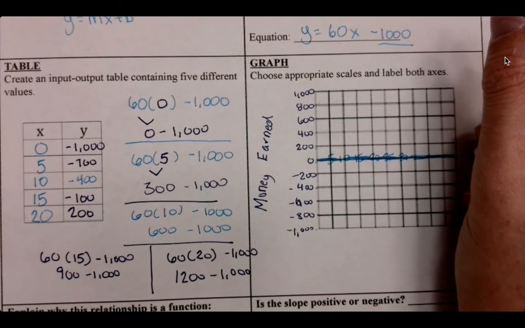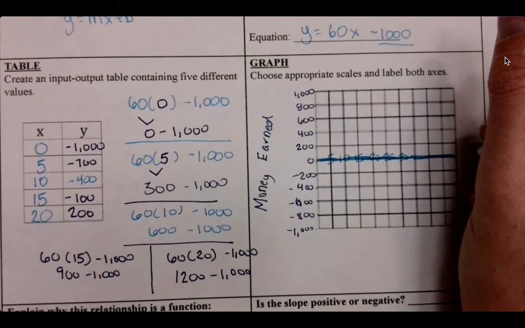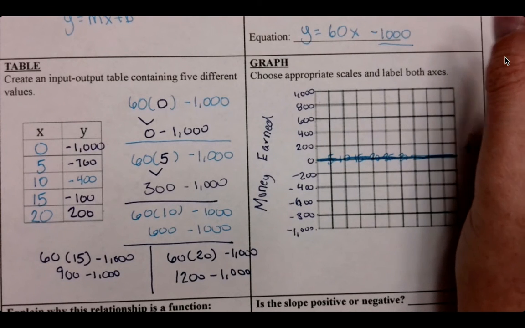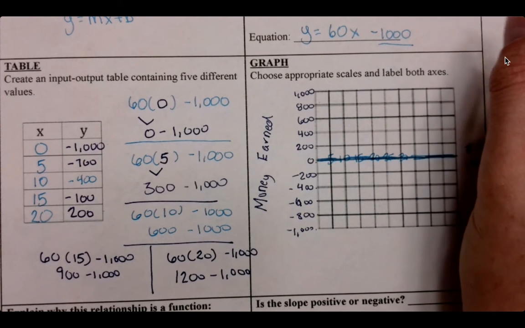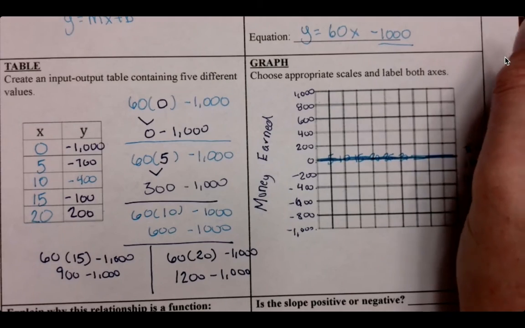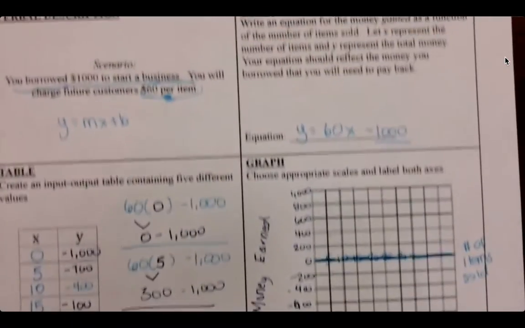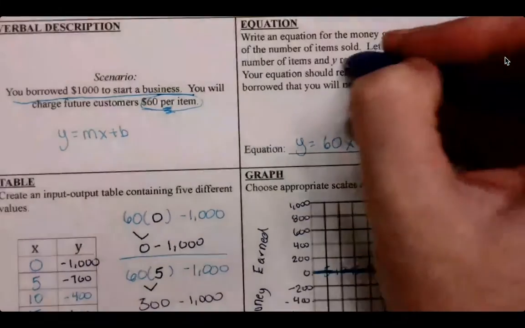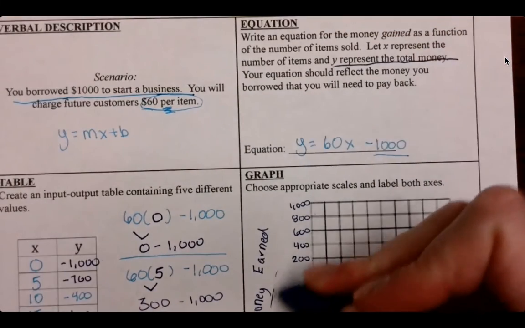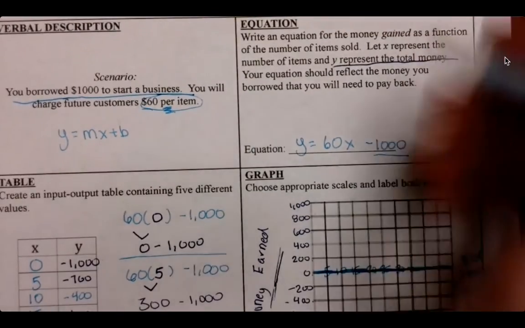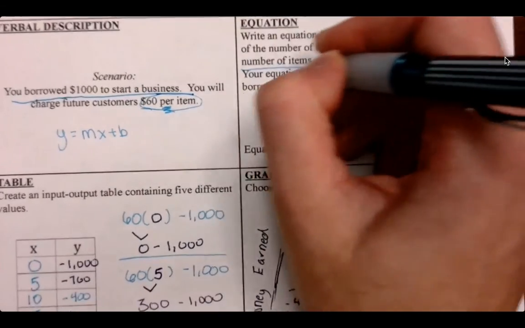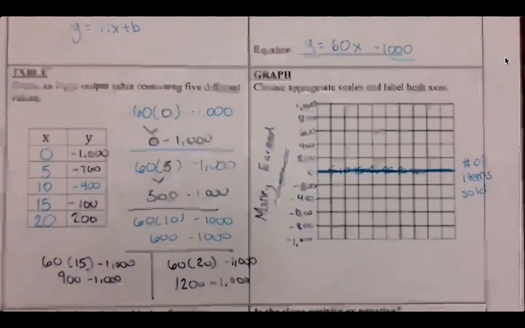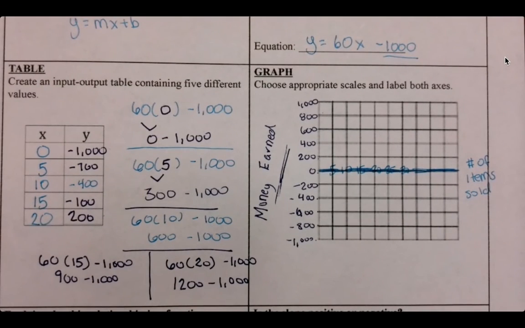But our x, remember, is the number of items sold. And again, I'm getting all of this information from up here, right? Y is the total money or the money earned, right? That's saying the same thing. And X is the number of items, okay? The number of items. So now all I'm going to do is plot my points.